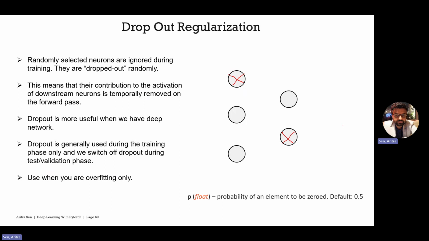And you should only use dropout when overfitting is going on in your neural network. Otherwise, if your model is not overfitting but you still use dropout, you may run into the problem of high bias, right?